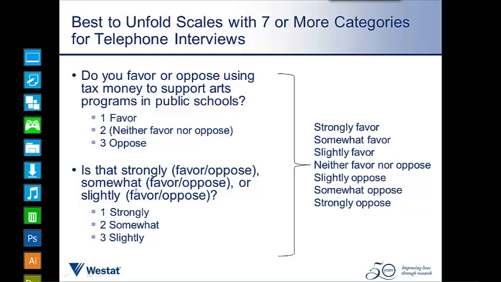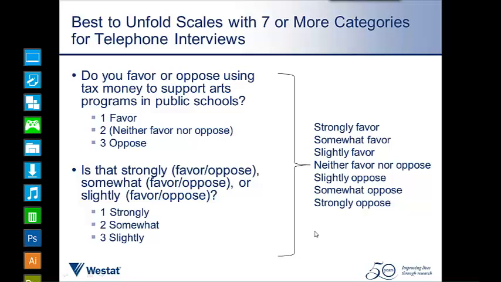Is that strongly favor, somewhat favor, or only slightly favor? And then you end up getting the differentiation between those three, and you can combine those two questions together to construct your full 7-point scale. Again, the challenge in my mind is, will people understand the difference between somewhat favor and slightly favor? So in this case, I tend to gravitate towards a 5-point scale rather than a 7-point scale.